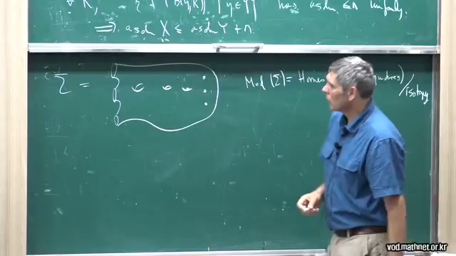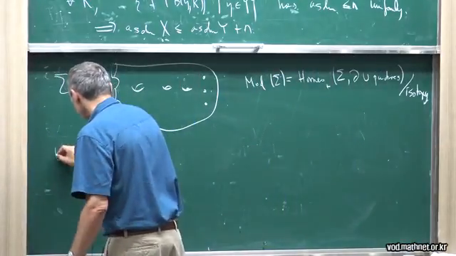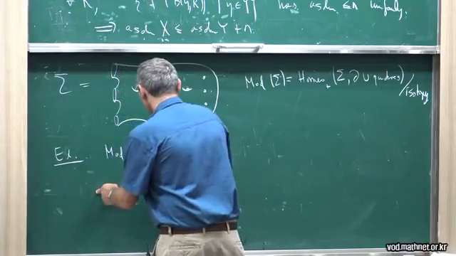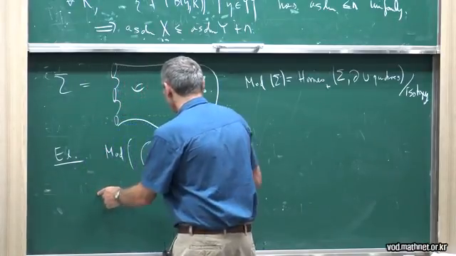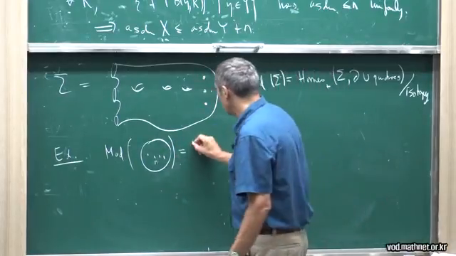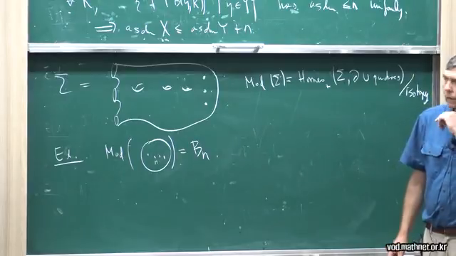Okay? For example, if I take the mapping class group of the disk with n punctures, then this is exactly the braid group on n strings. Okay.